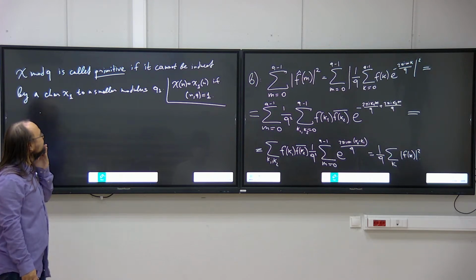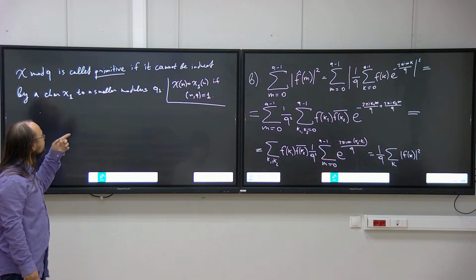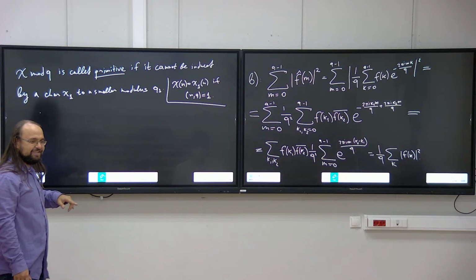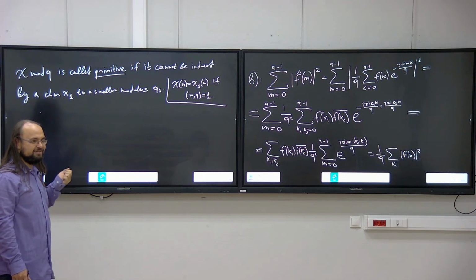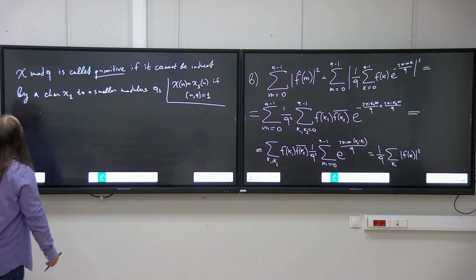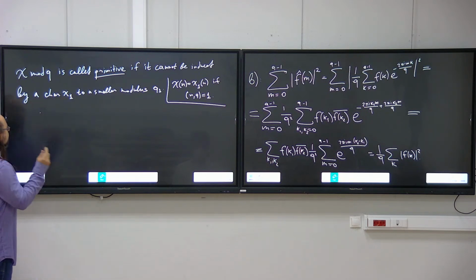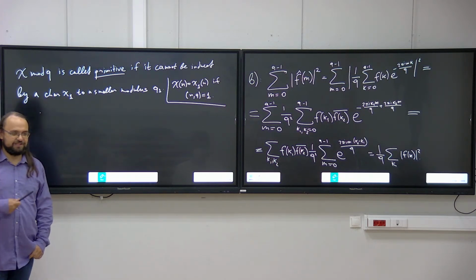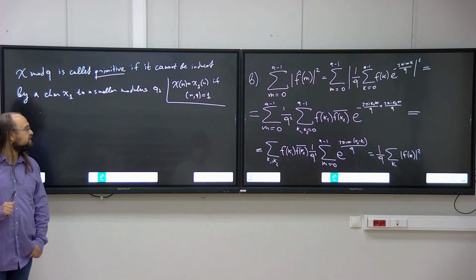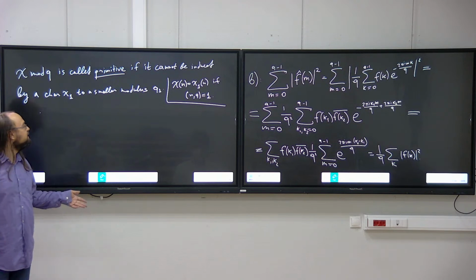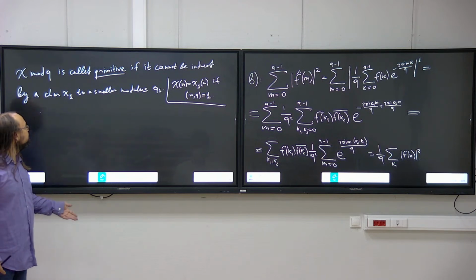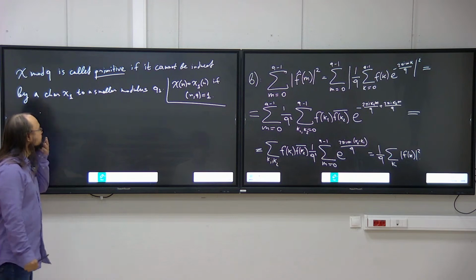So once again, if you have a group and its quotient, then you can induce a character from the quotient to the group. An example of a primitive character is, for example, Legendre symbol modulo p. And non-primitive characters, well, lots of non-primitive characters. For example, any principal character is not primitive, modulo any q greater than 1.